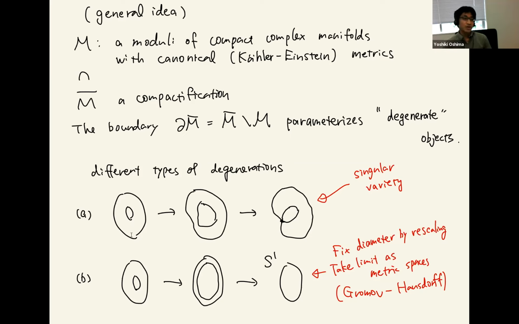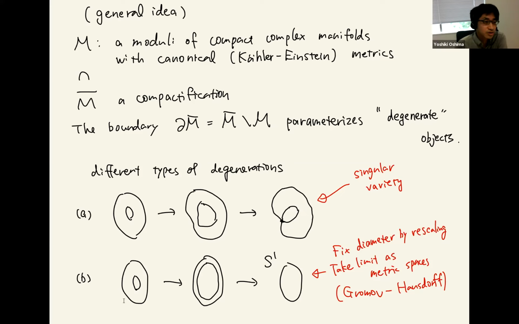For a generic parameter, the variety is smooth, but for some special parameter, it becomes a singular variety. So this is a kind of degeneration.